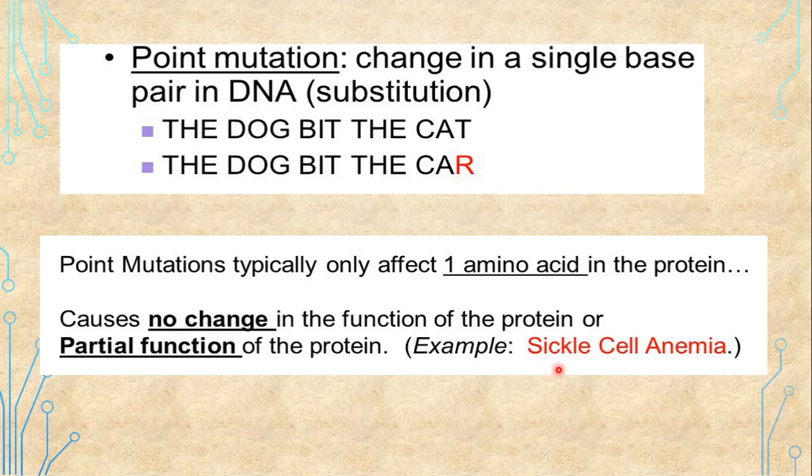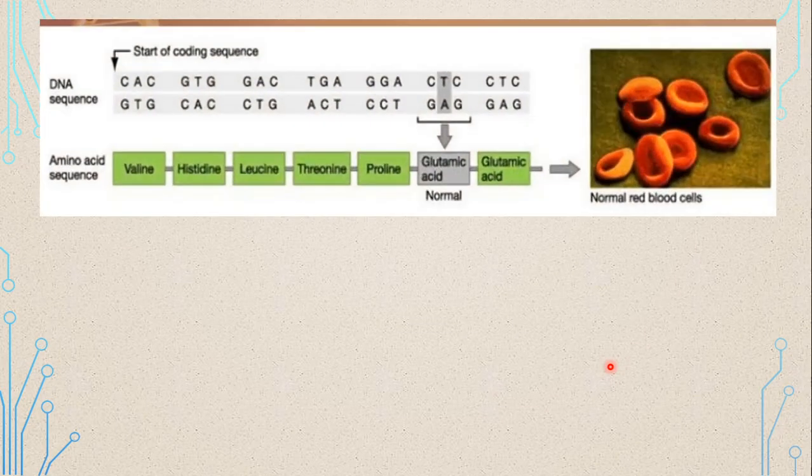Similar to the previous one. Here is one example which we had learned in the previous chapter: sickle cell anemia. That is an effect of point mutation. So here I have taken the example of sickle cell anemia itself. These are the DNA sequences, the gene coding for hemoglobin structure.